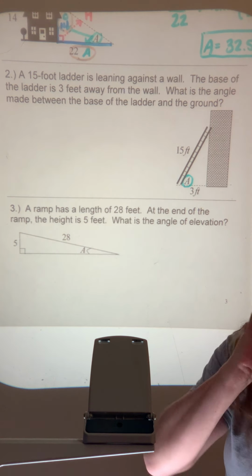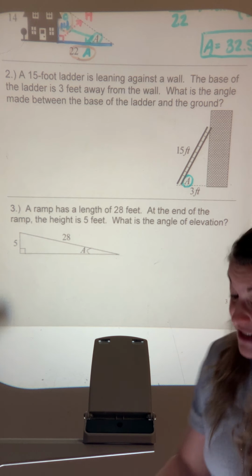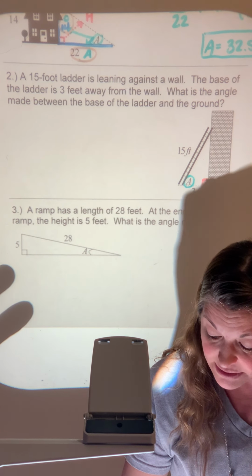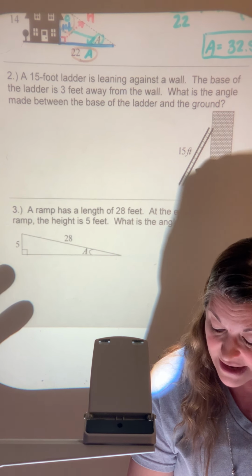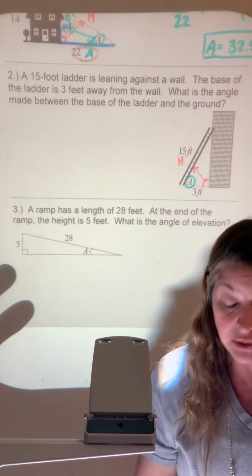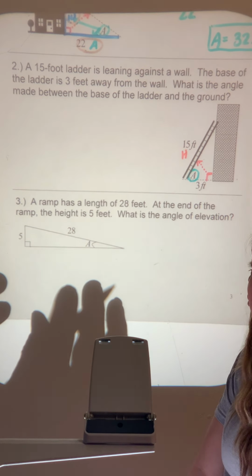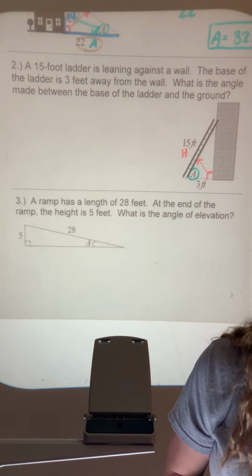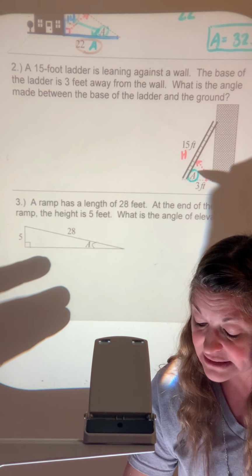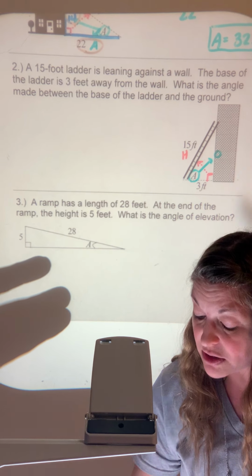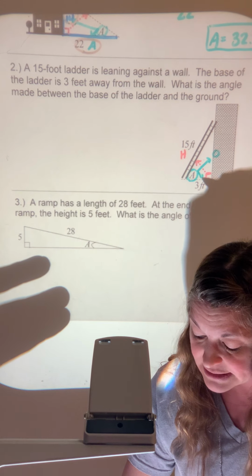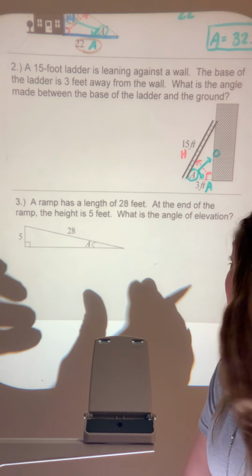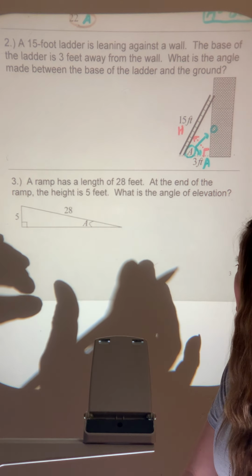Again, a wall stands straight up and down, so here's our 90 degree. Across from the 90 degree is the hypotenuse, so it looks like the 15 is our H. According to where that angle is, his opposite would actually be the wall. His adjacent is that distance, the base from the wall.